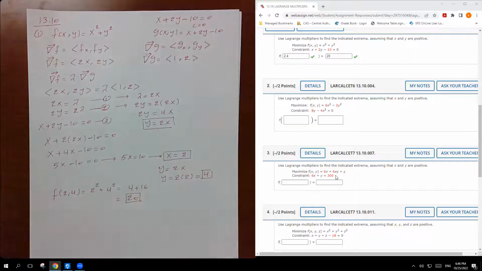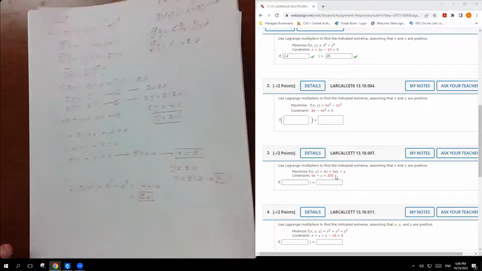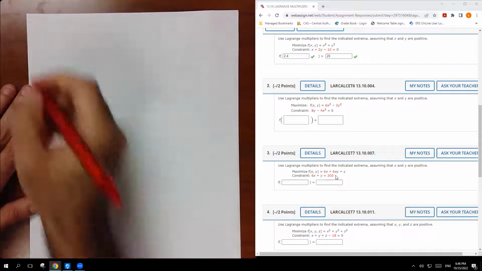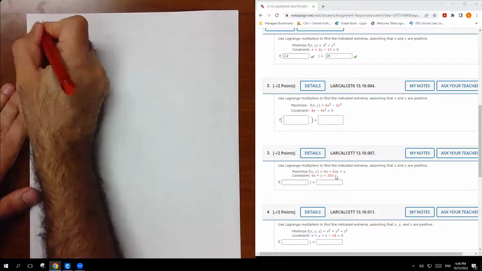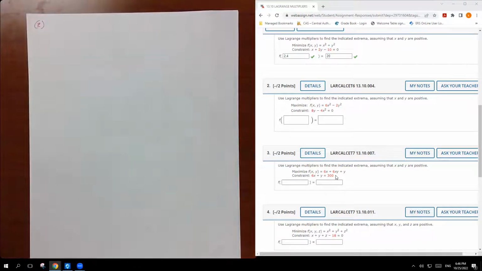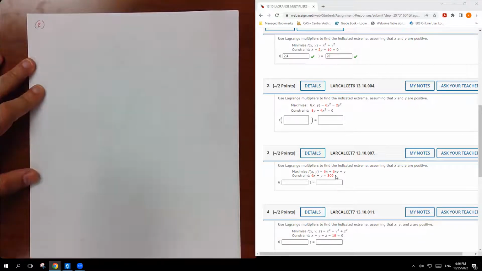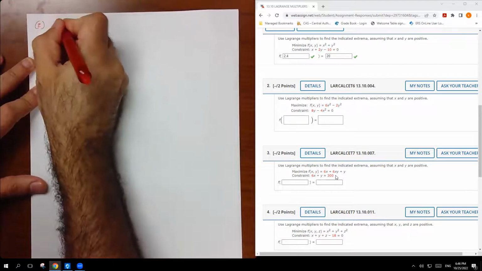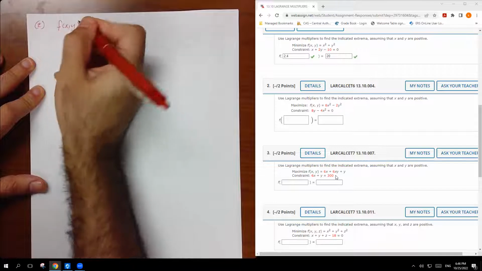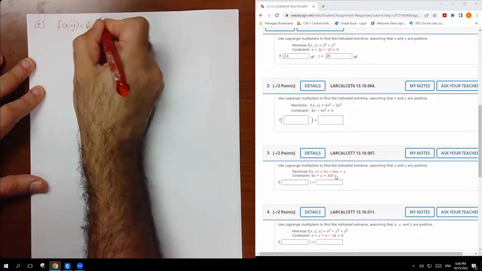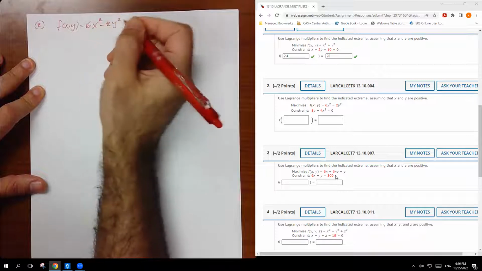Let's do the same thing with example 2. And example 2 is going to be, our function is 6x squared minus 2y squared. That means f(x, y) is going to be 6x squared minus 2y squared.